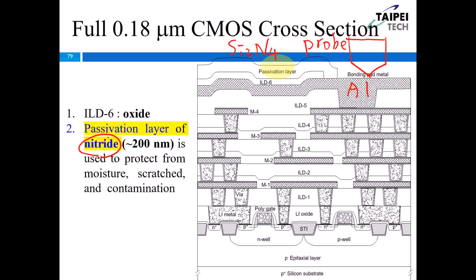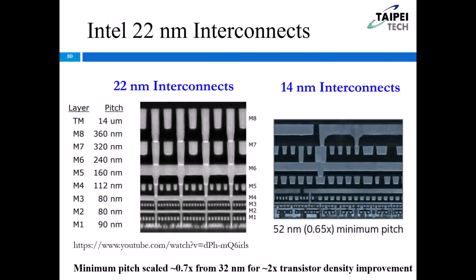Because I can show you how everything is changing, right? You see, this is the real TEM image for the Intel 22 nanometer technology. You see the interconnect seems very, very different from our textbook, okay? So I want to show you, you don't need to memorize the layout for the backend process. Don't do that.